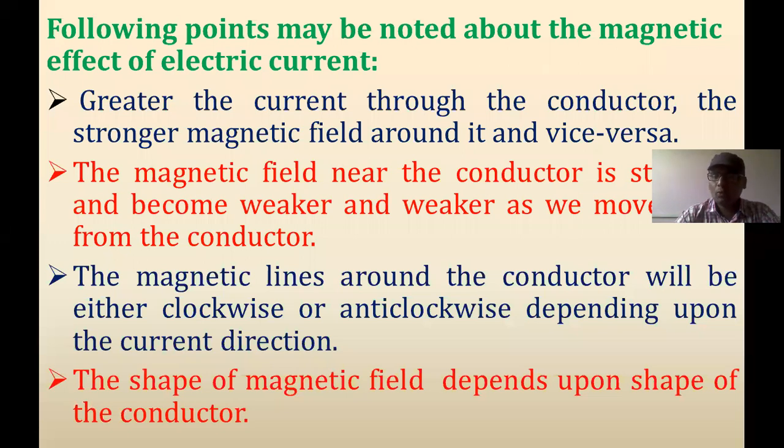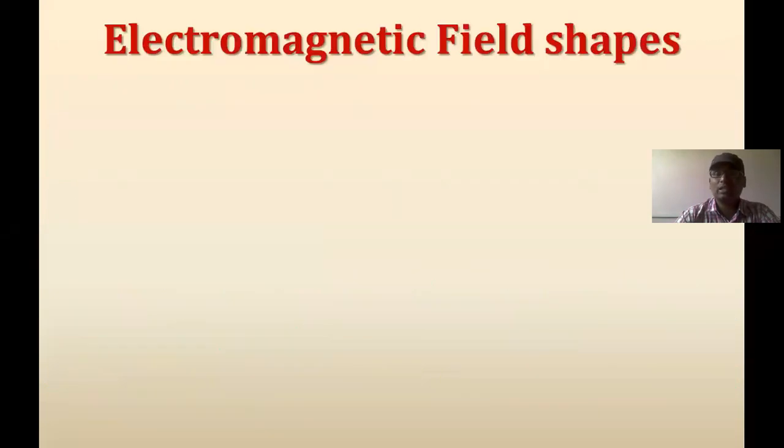Now we are giving more focus on the fourth point. What is that fourth point? The shape of the magnetic field depends upon the shape of the conductor. Now we will see the different shapes of the conductor, and then what the shape of the magnetic field is here.